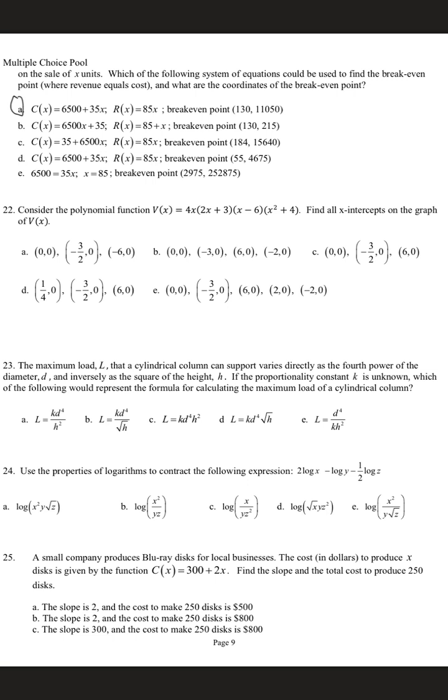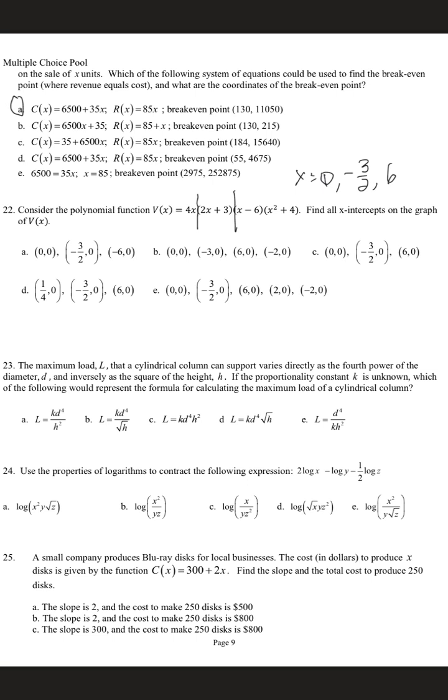Next one, be careful here. You know that on the practice, we would set each factor equal to 0 and solve. So, of course, for the 4x, you get 0. The 2x plus 3, you get negative 3 halves. The x minus 6 gives you 6. And then normally the x squared plus 4 is going to give you complex solutions with the i in it.